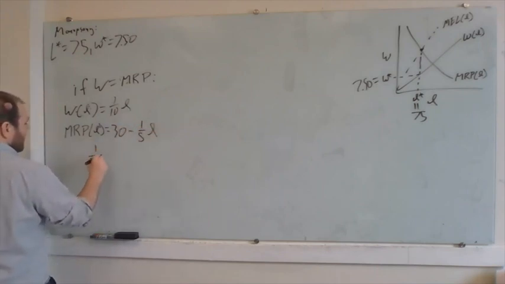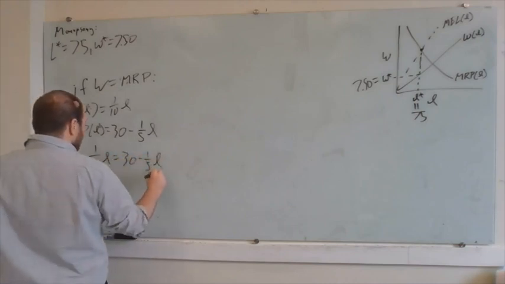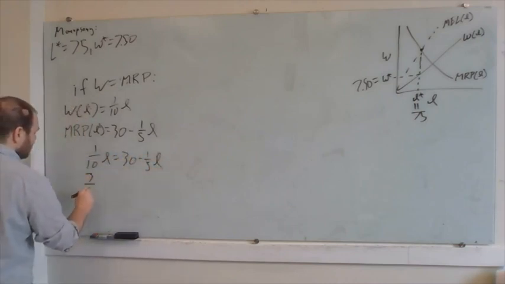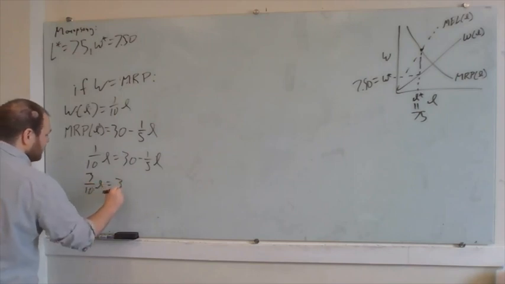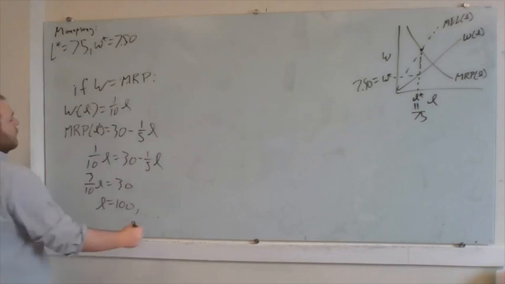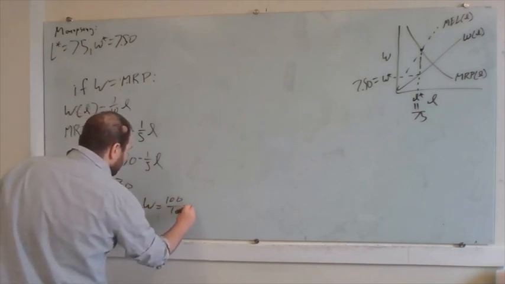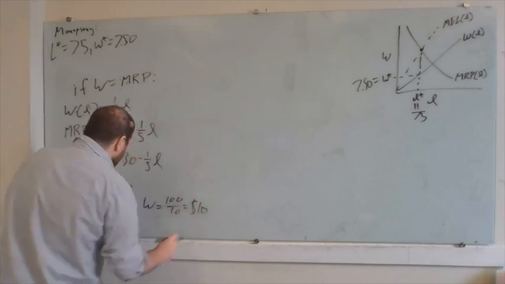So if we had 1/10 L equal to 30 minus 1/5 L, we would have gotten 3/10 L equals 30, L equals 100, right? And therefore wage equals 100 over 10 equals 10, right?